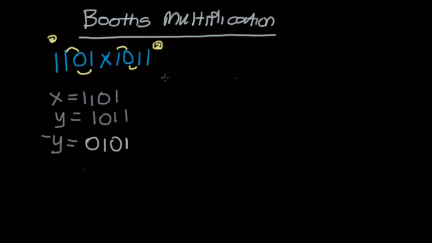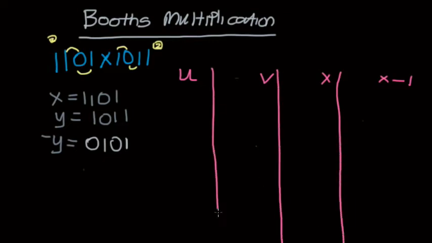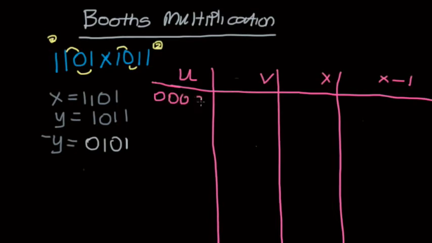So right now we're going to make a table. You're going to have u, v, x, and x minus 1. Your u's and v's always start with zeros. Here we have 4-bit numbers, 1 2 3 4, so the number of zeros is going to be 4, 1 2 3 4, and the same thing goes for your v, 1 2 3 4.